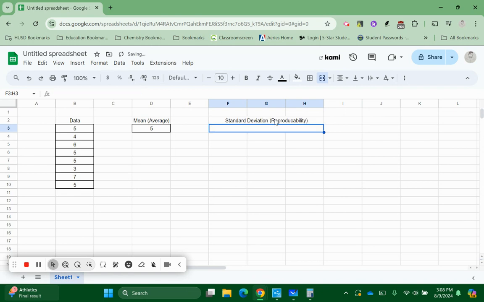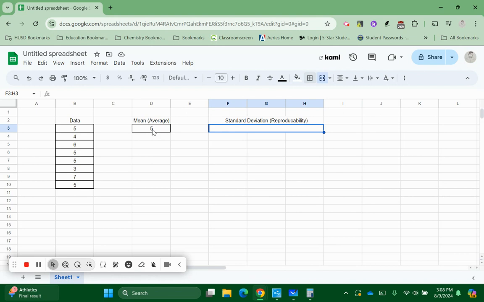So, I want to figure out how close my data is to the average. So, I'm going to use standard deviation to do that. Standard deviation just means for each individual data point, how far are they away from the average?